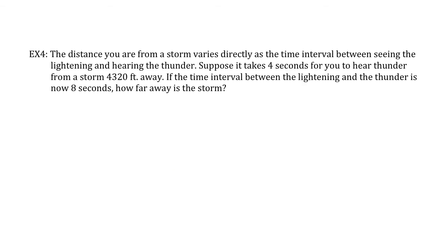Okay, so now the applications are where it actually makes sense of why we want to learn this. The distance you are from a storm varies directly. So in my head, I'm picturing that when I see that word varies, I'm thinking, oh, that's right, that's either K times something, K divided by something, or it might be K times something times something.